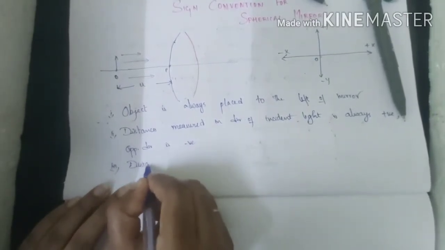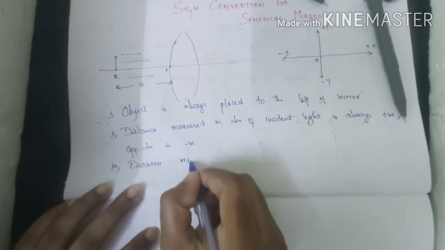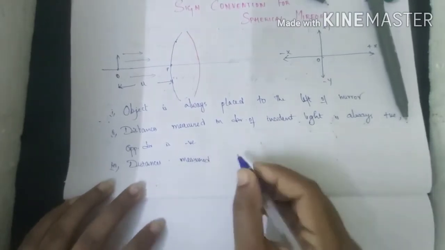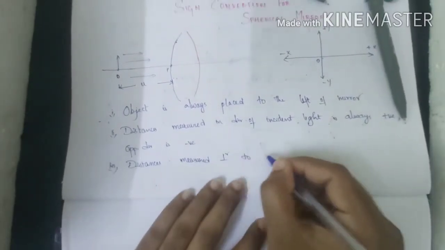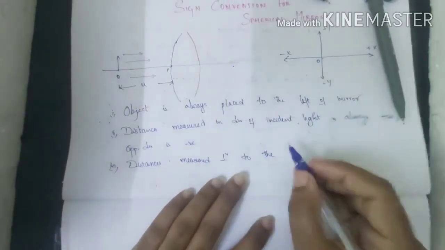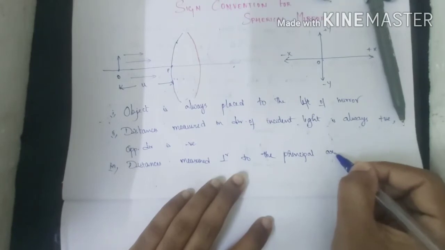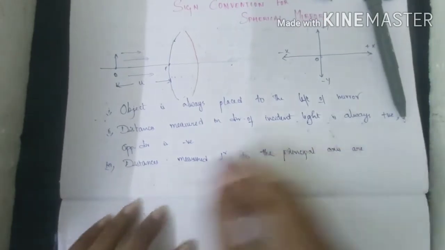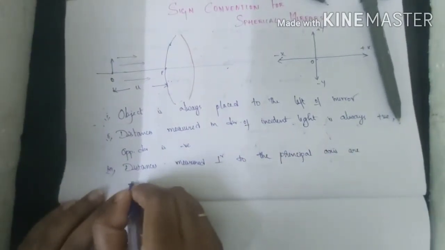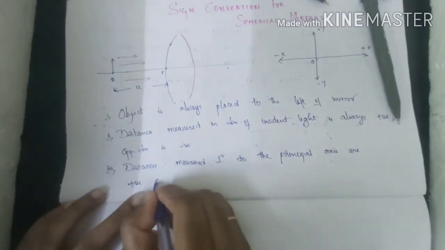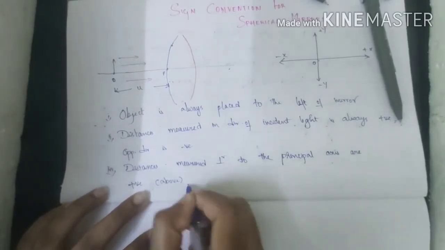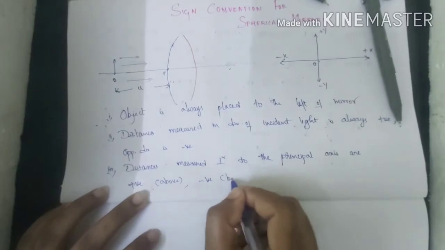distance is measured perpendicular to the principal axis, positive if they are measured above and negative if they are measured below.